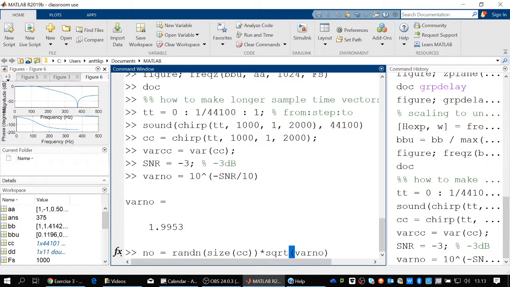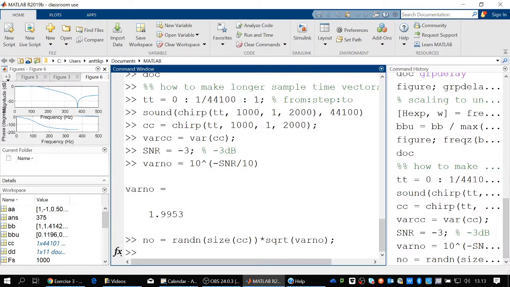That's how I scale that. So I have the variance for the noise and the variance for that one. Okay, blah, blah, blah.